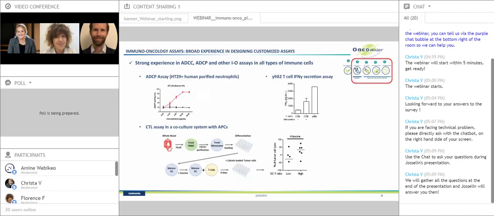We also have a strong experience in other assays such as ADCC, ADCP, or immunohistochemistry assays in a very broad range of human cells.